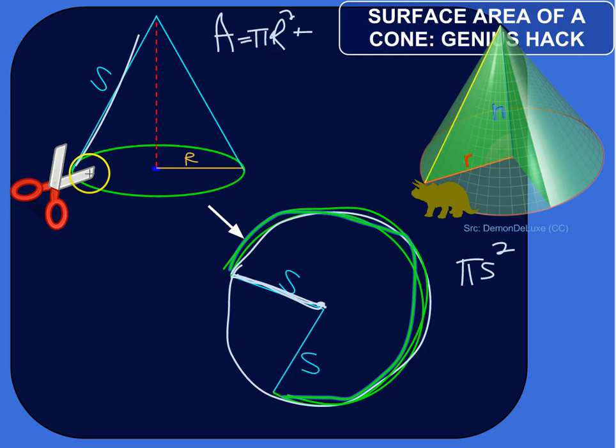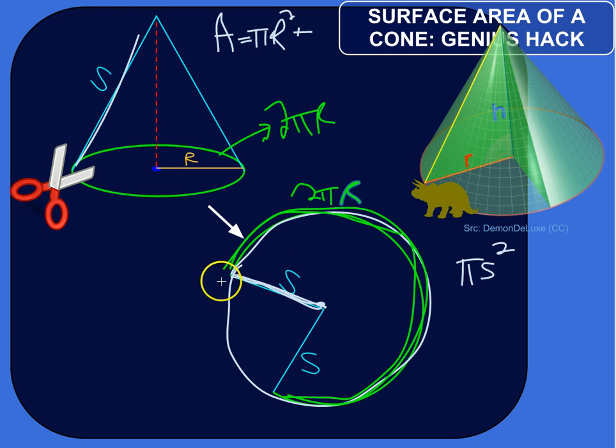You cut this and then lay it flat. This part of the cone becomes this part of the circle minus a wedge. So what's this distance then? This circumference would be 2 pi r. That's 2 pi times the radius, what circumference is for any given circle. So this distance is 2 pi r.